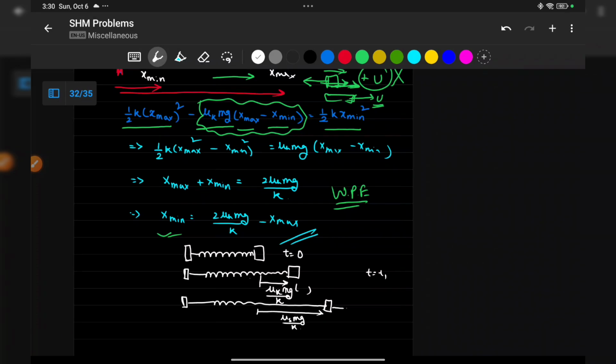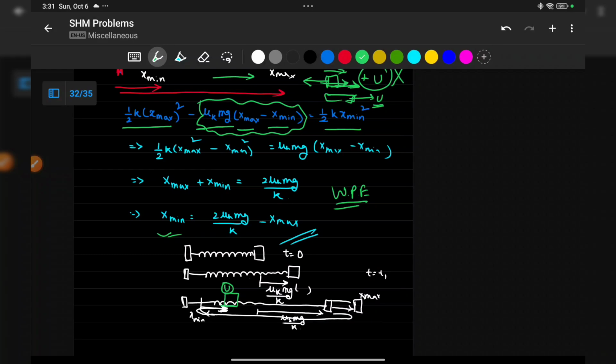Then the block will come towards this, this is x min. Then the block starts going towards this, and when the velocity reverses towards this, there comes a time when the velocity is again u. Will you agree with me? There is a time when the velocity is again u.